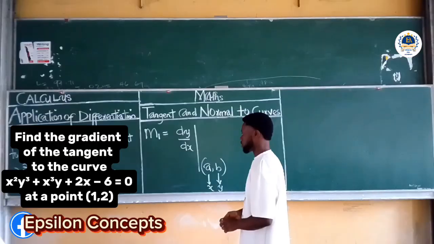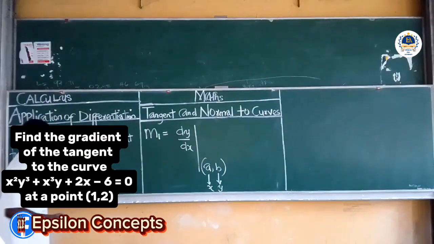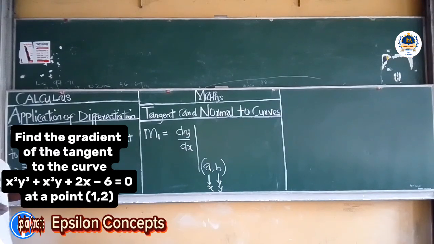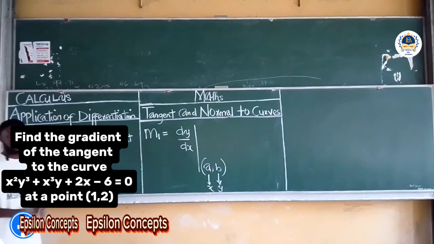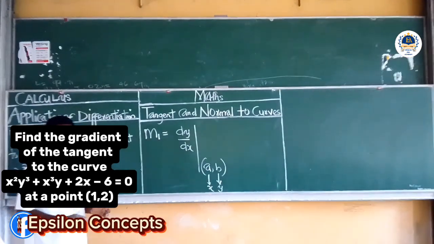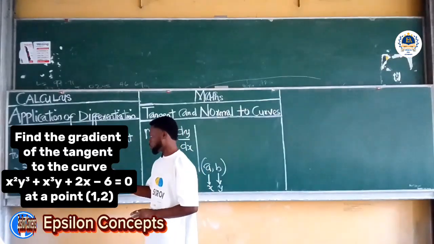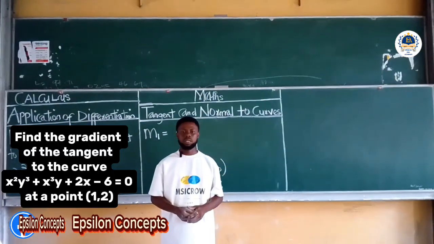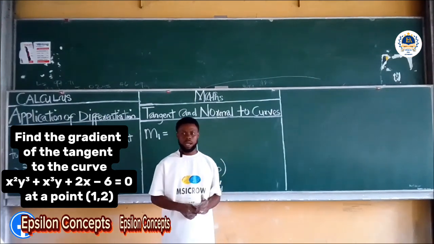We observe that in this function, both x and y variables are mixed up. That is to say, we cannot solve this explicitly, but we can only solve this implicitly. This is an implicit function, and we treated this in our previous videos. The link to the video will be in the description of this video and also at the end of this video.